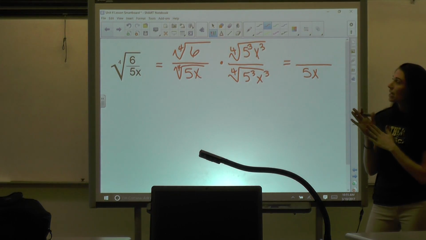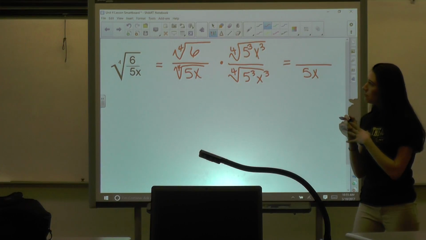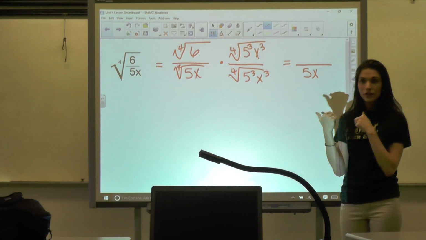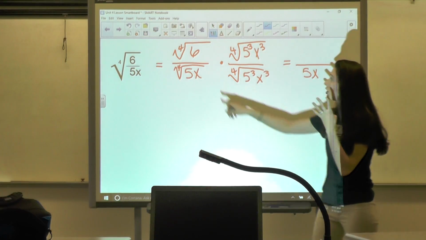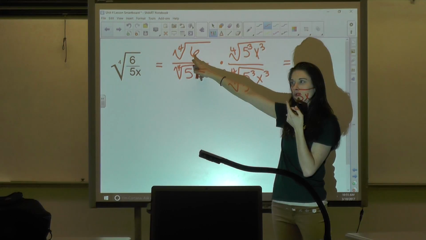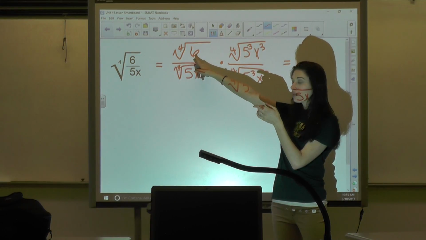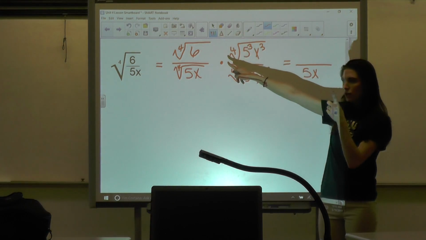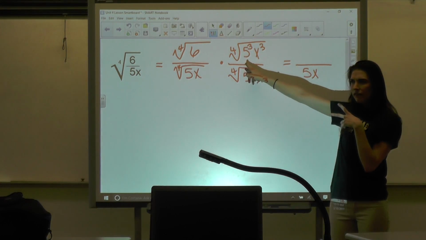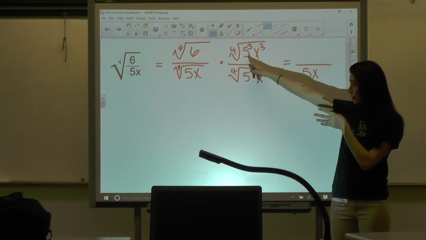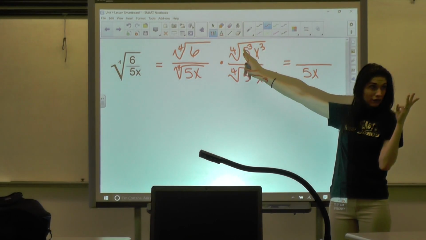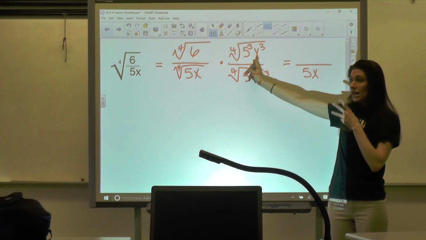This is the part that's going to be a little bit easy, because how many do you have to have of something to bring 1 out for this problem? 4. Okay, 6. If you were to break that down, what would you have? 2 times 3. So I have 1 2, 1 3. How many 5s do I have? 3. 5 cubed. So I only have 3, and I only have 3 x's.